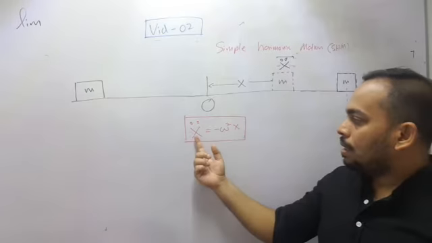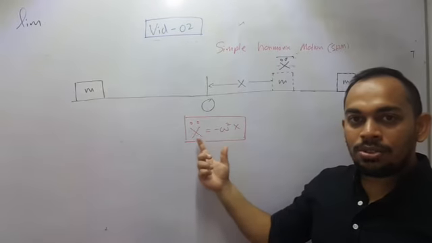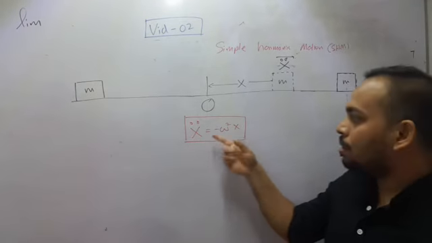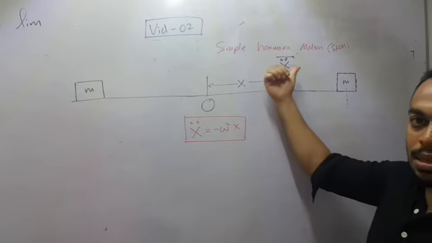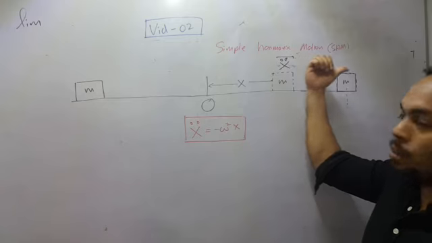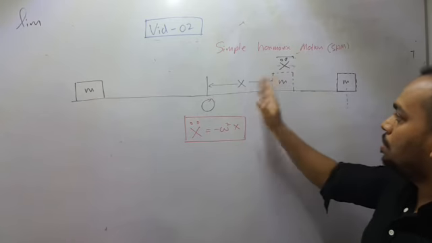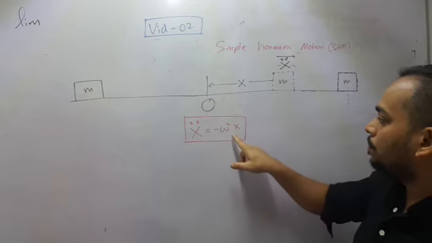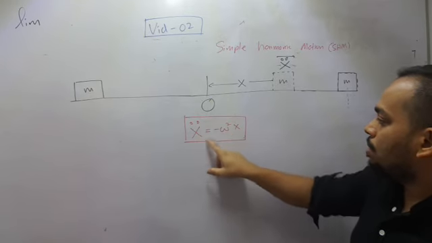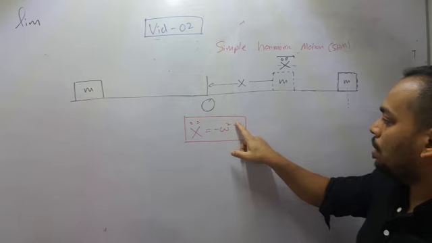That means the acceleration is always directed towards a fixed point. Here, the acceleration is in the other direction, towards zero, the O point, because the acceleration is negative omega squared times the displacement.